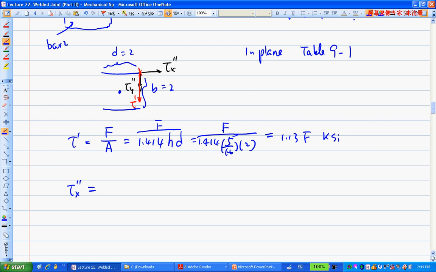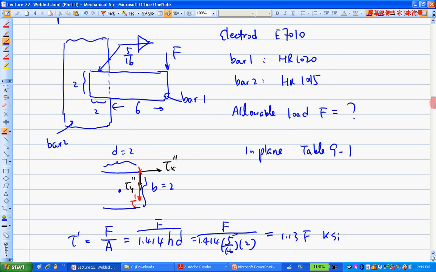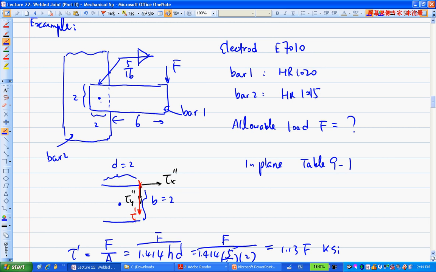Tau x double prime is caused by the torque, and I'll write down the whole formula. That's T times R over J, and T is equal to F times the total length to the centroid. The centroid is here.